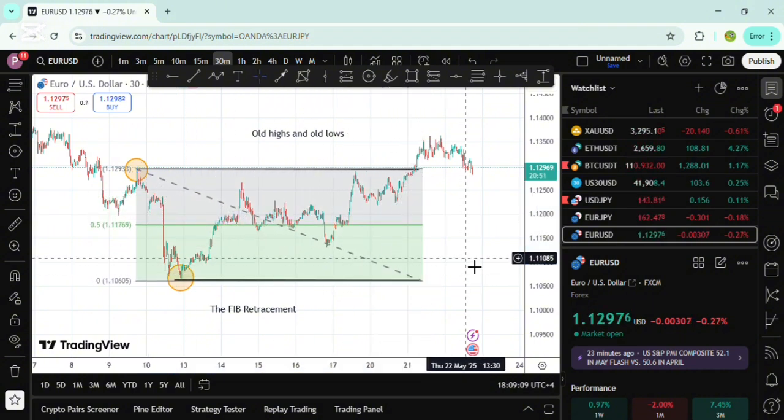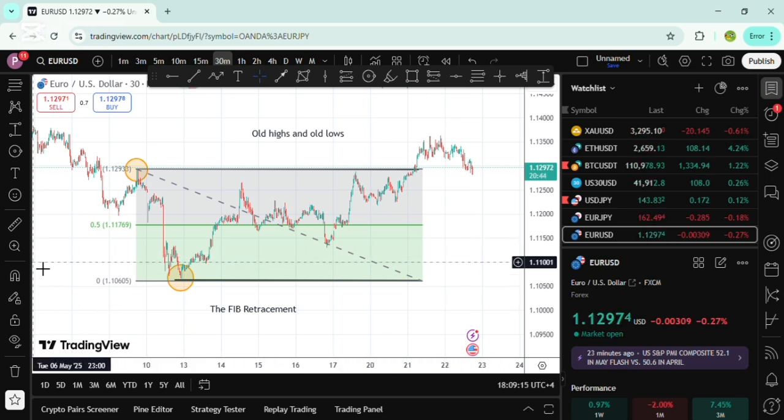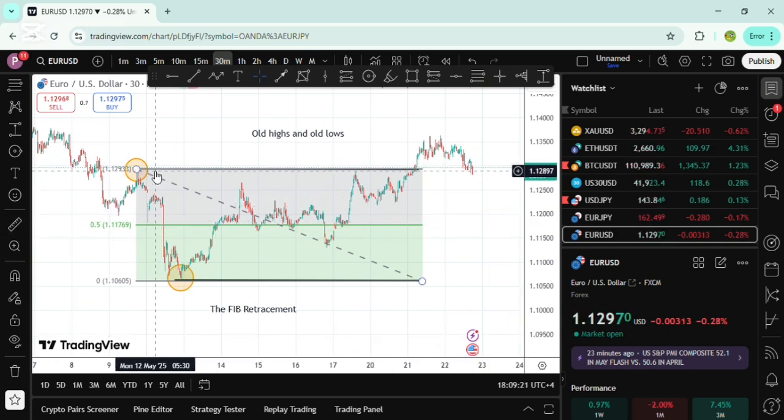I'll explain better. This is the spelling of Fibonacci retracement. We call it Fib retracement. It is a tool in the chart that can help us to detect when to buy and when to sell and when not to buy and when not to sell.